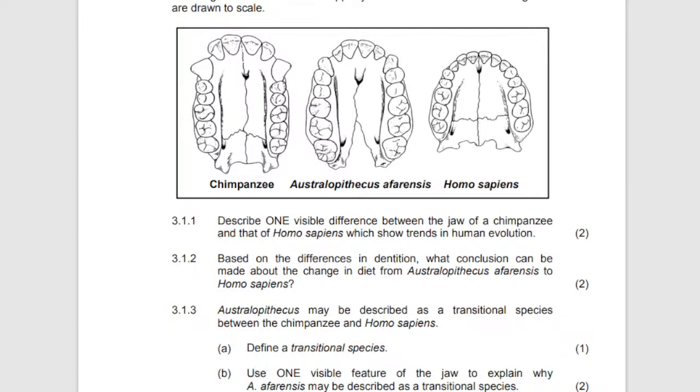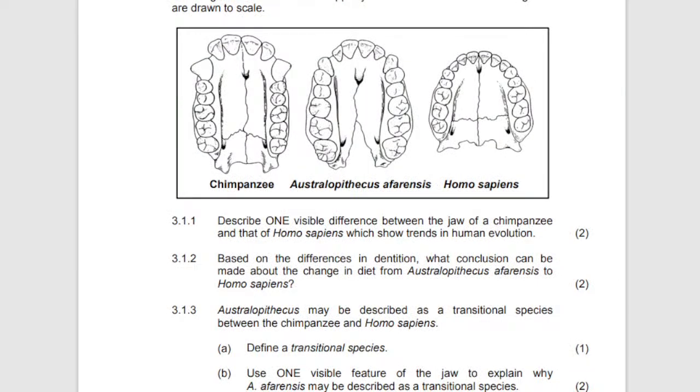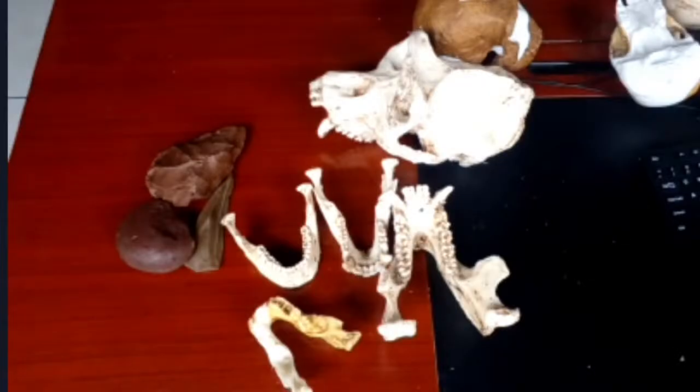If we can see the dentition clearly, yes, we will see that. Let's look at this dentition. Yeah, look, from this to this to this. What do you notice about this?